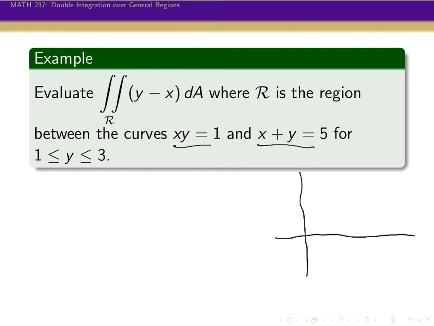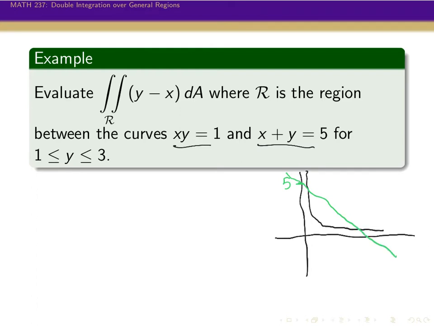So xy equals 1, that's a hyperbola. That's kind of going through like this. X plus y equals 5. So that's y equals 5 minus x. And so if I take 5 here, it's going to go down slope 1.